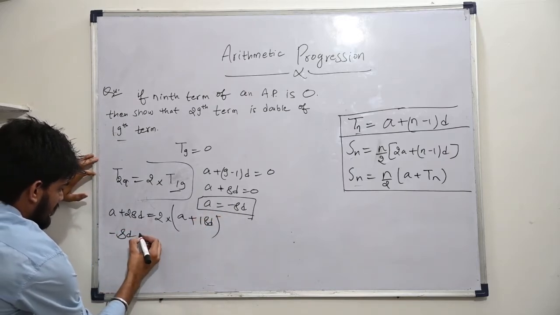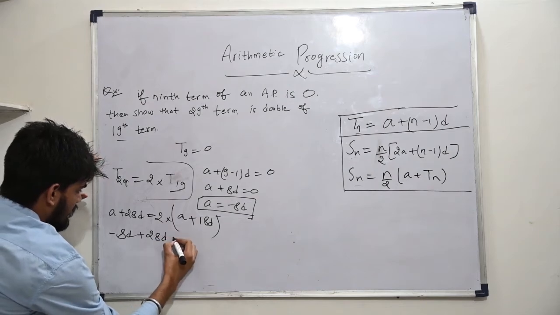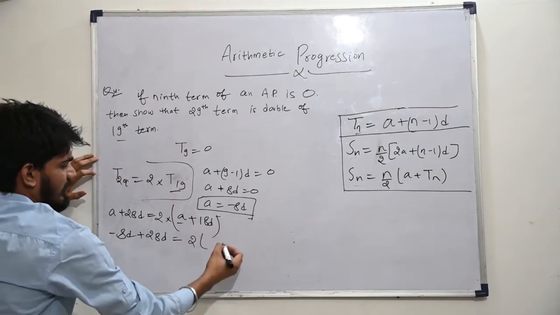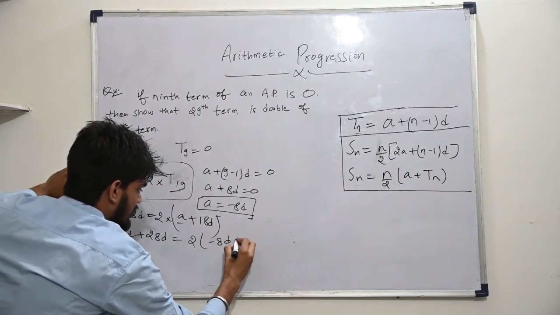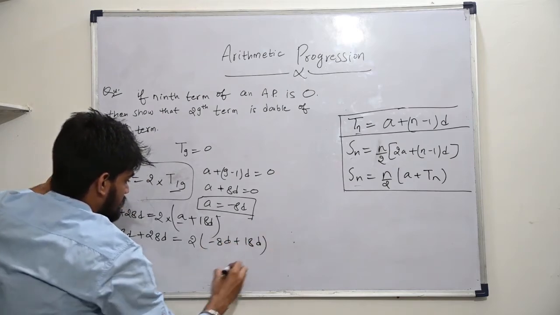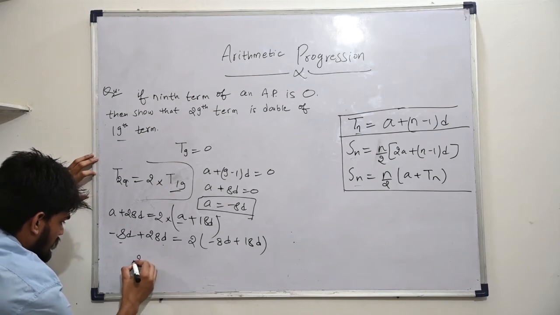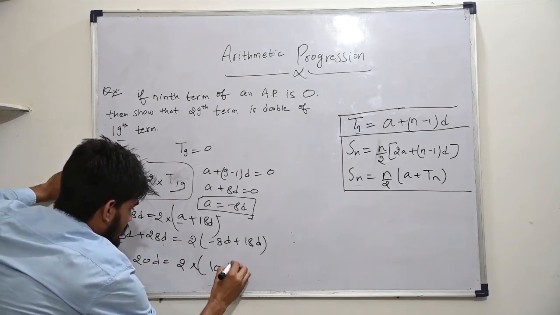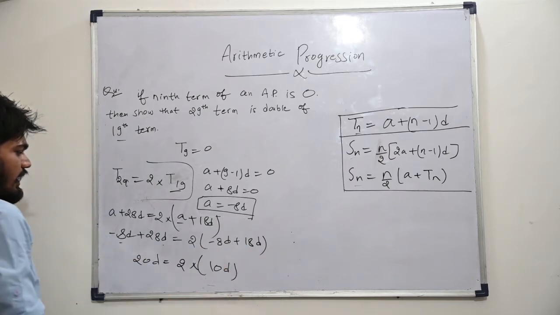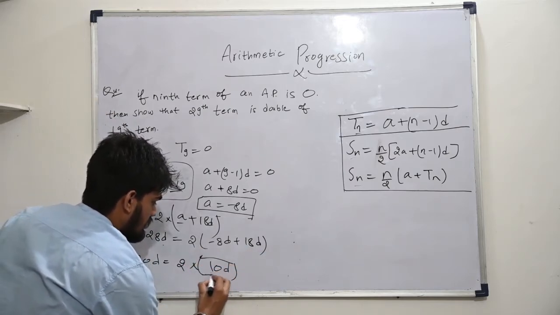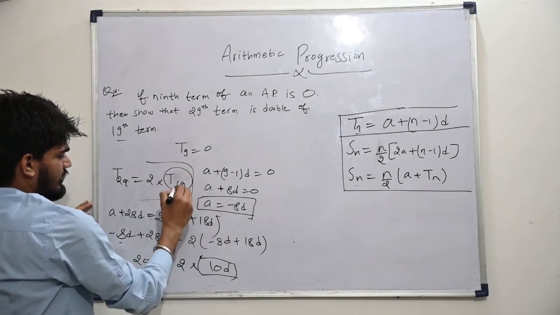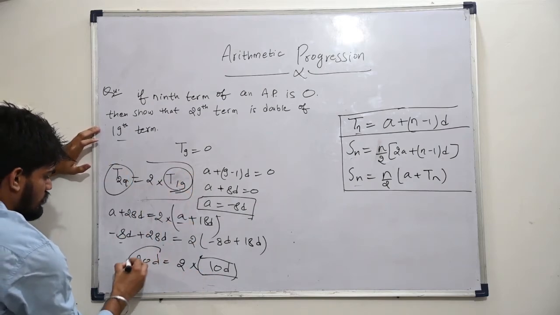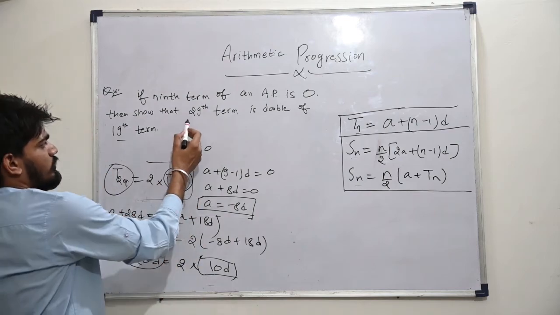So minus 8d plus 28d is equal to 2 of minus 8d plus 18d. This becomes 20d and this becomes 10d. Minus 8 plus 18 becomes 10d. And that's what we have to prove. The 19th term is 10d, and the 29th term is 20d, which is double. That's what we have to prove.